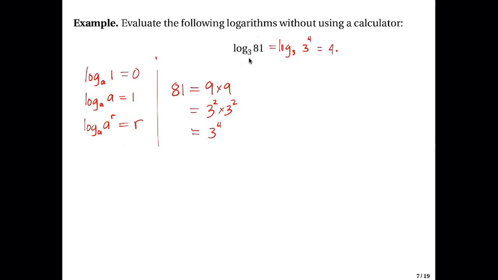Here, we have base 3. The argument is 81. We write 81 as a power of 3, and therefore this property can be used.